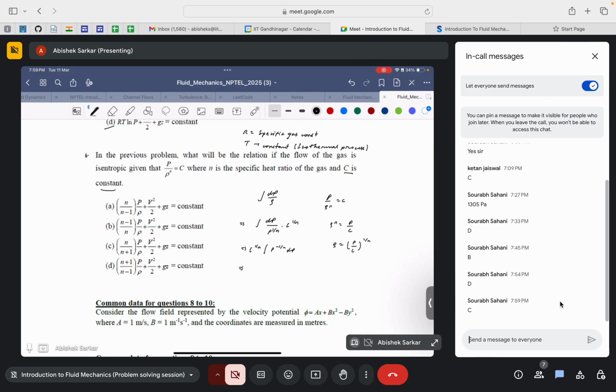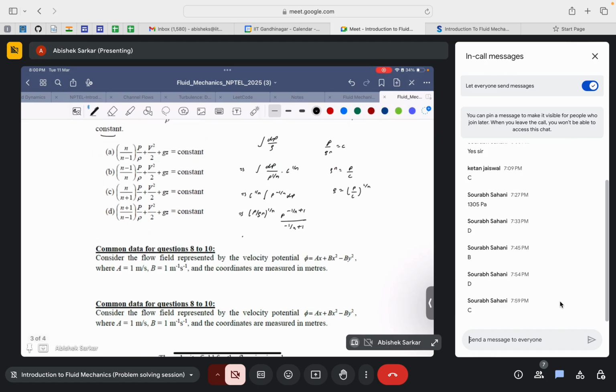Okay, so C is again P by rho to the power n, to the power 1 by n. Integration of P to the power minus 1 by n would be P to the power minus 1 by n plus 1, divided by minus 1 by n plus 1.